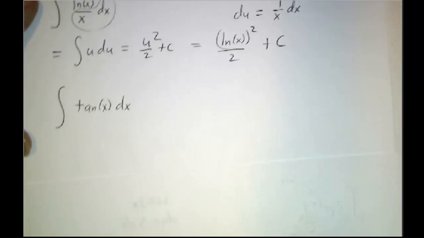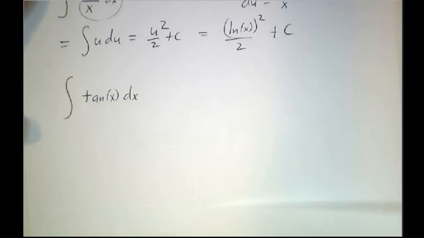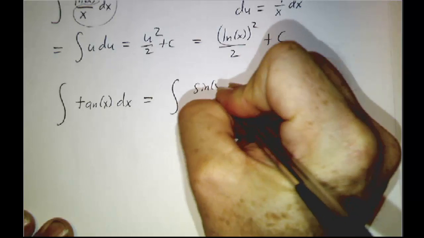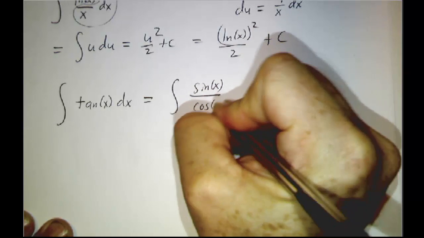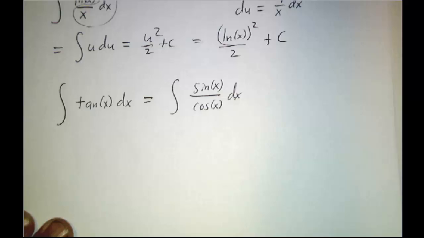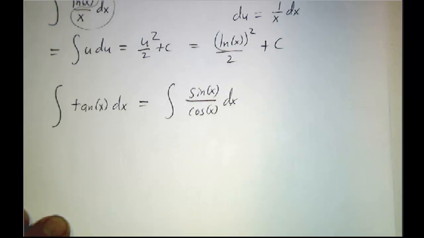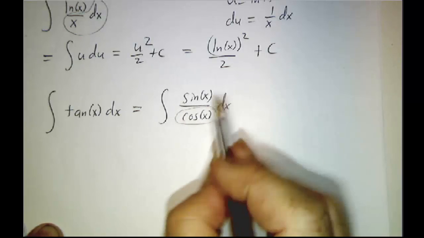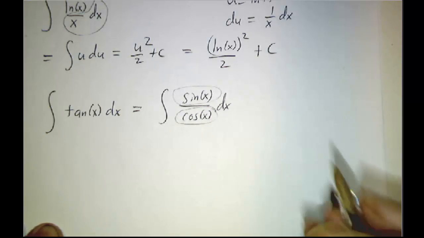Last one, tangent of x. Got a perfectly nice trig function. That's the integral of sine of x over cosine of x dx. Okay. This is a little bit tricky, but you notice the derivative of cosine is sine, or minus sine actually.